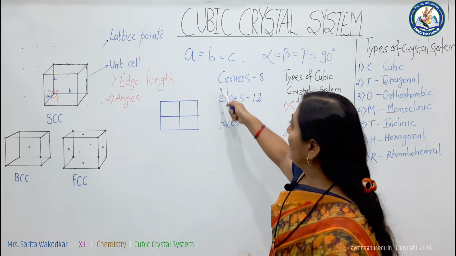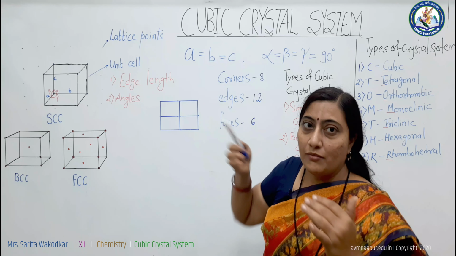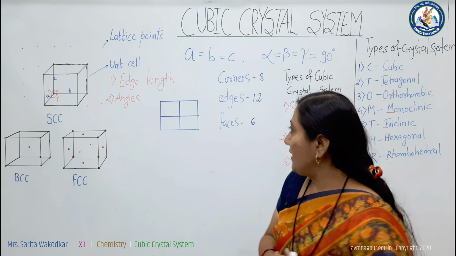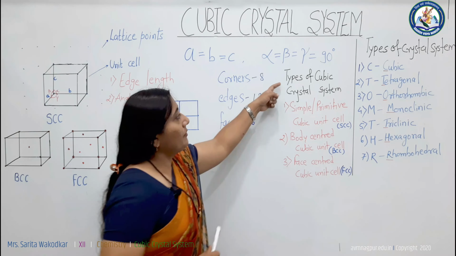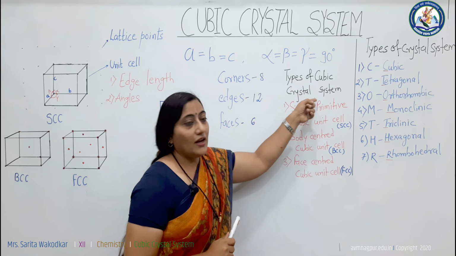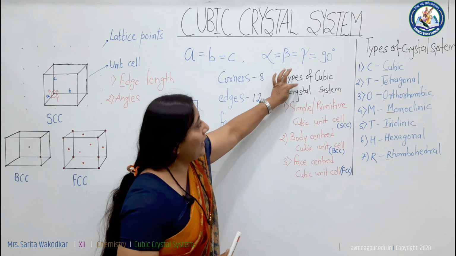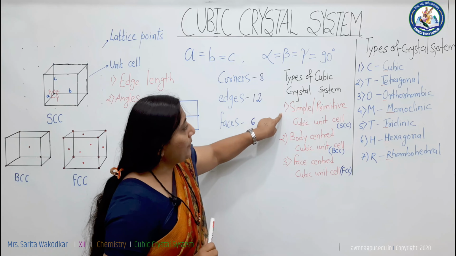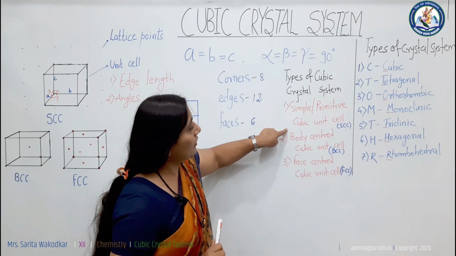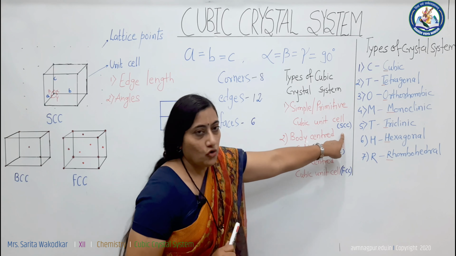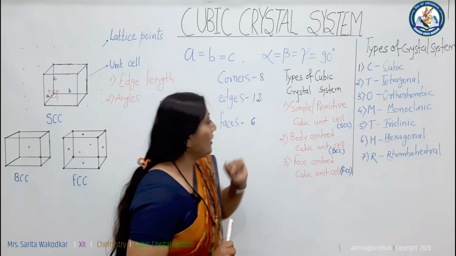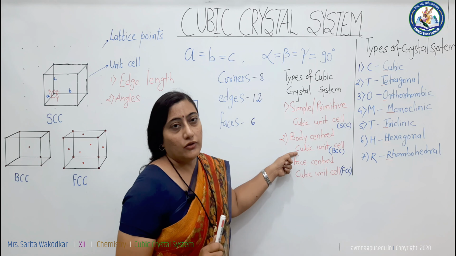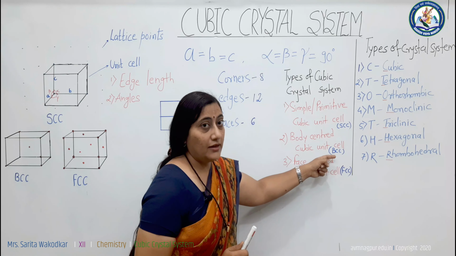As we know the constituent particles possessed by a cube, depending upon that, there are three types of crystal lattice in the cubic crystal system. The first one is simple or primitive cubic unit cell, in short SCC. Second, body centered cubic unit cell, BCC.